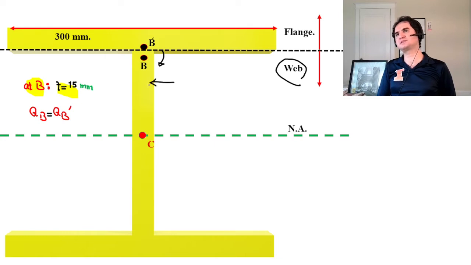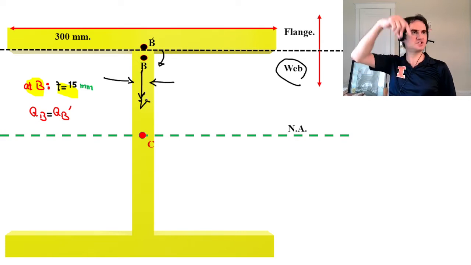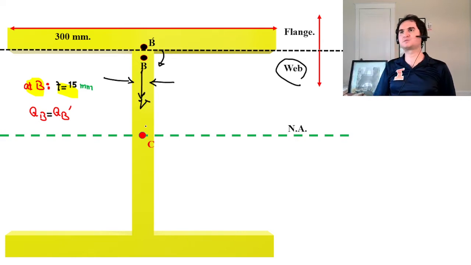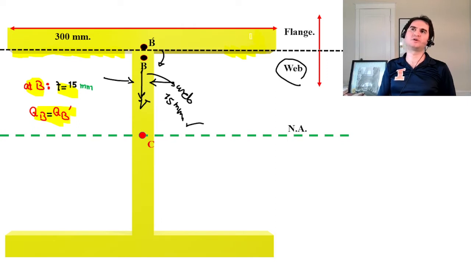So the thickness on which the vertical shear V applies is the thickness of the web, which is 15 millimeters. Do you remember that from the dimensions? But the Q remains the same for both of them because that's almost at the separation line.